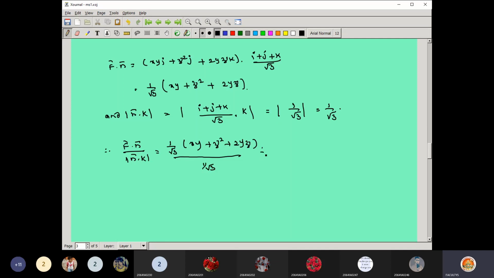So that 1 by root 3 is cancelled, and totally you are getting xy plus z square plus 2yz.